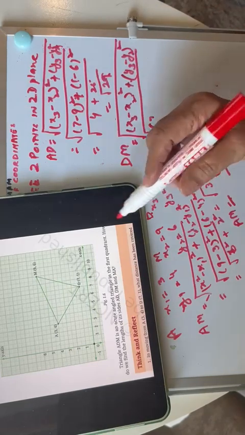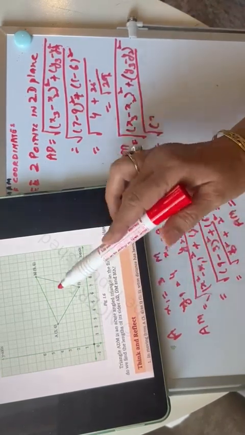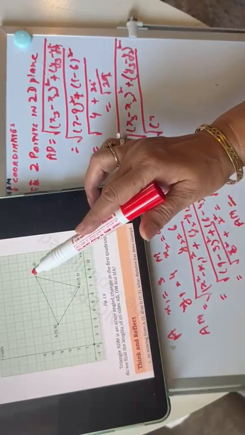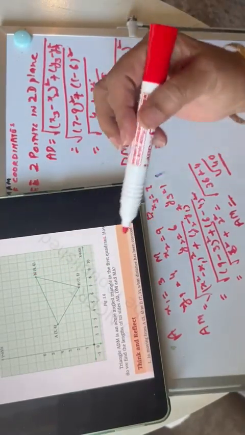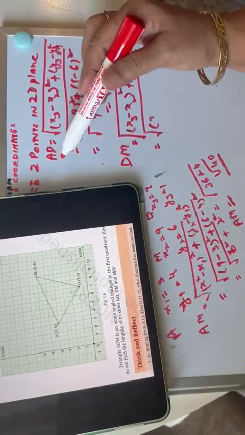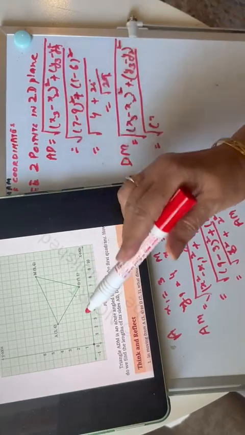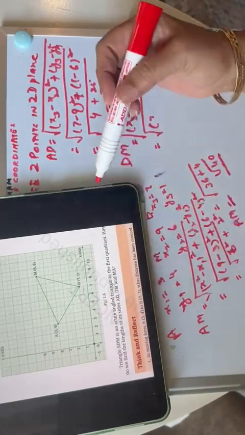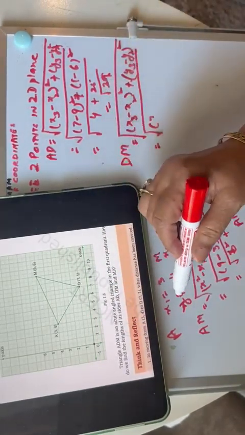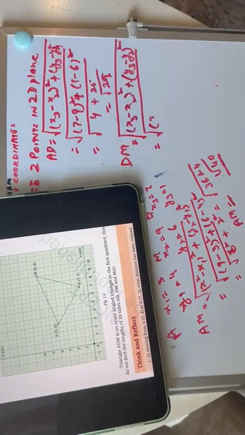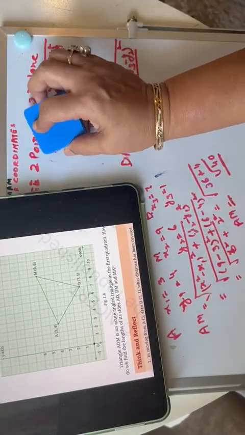We have found AM, where we did 9 minus 3 whole square. Then we found AD, which was 7 minus 3. This is not AD, this is DM.